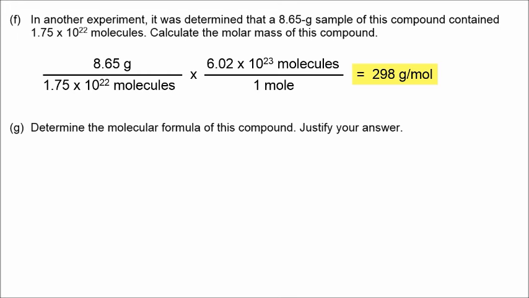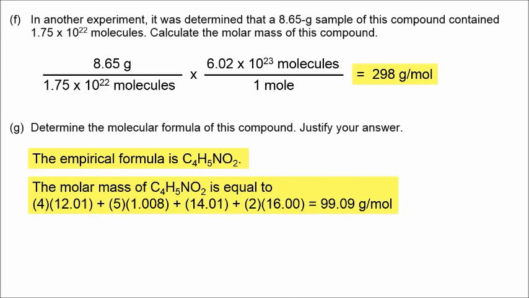And then finally, determining the molecular formula of the compound, let's go back to the empirical formula. C4H5NO2 has a molar mass of 99.09 grams per mole. 298 is obviously the molar mass of the real compound. 99.09 is the empirical formula's mass.